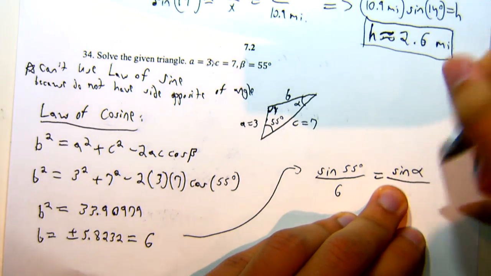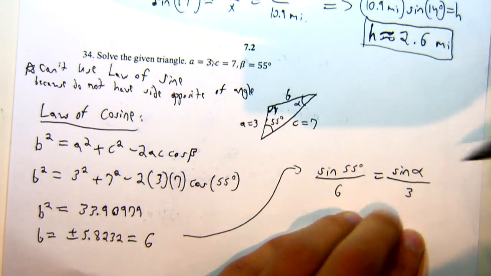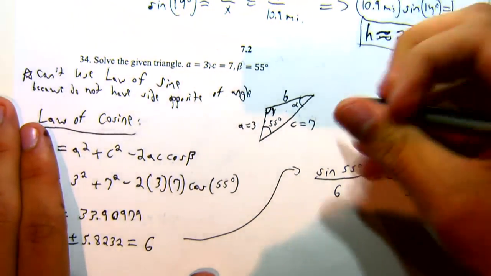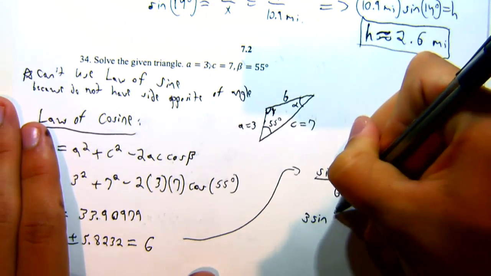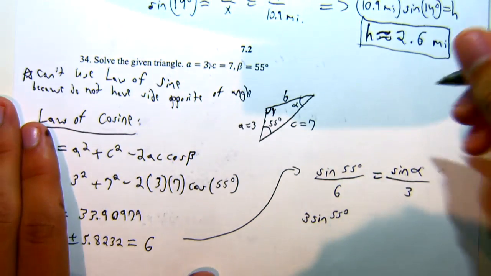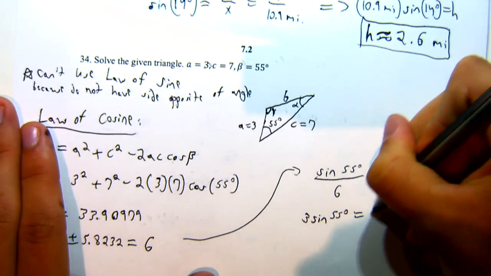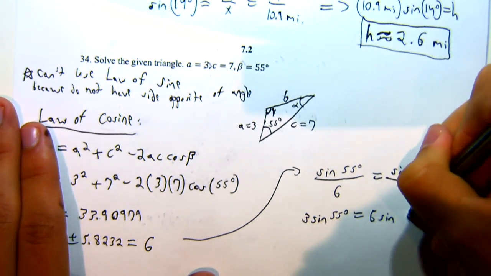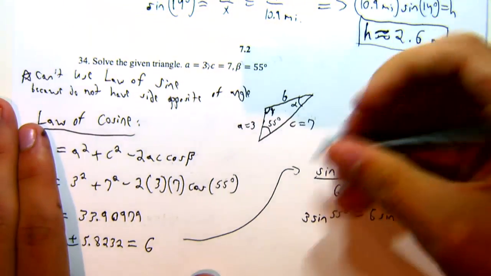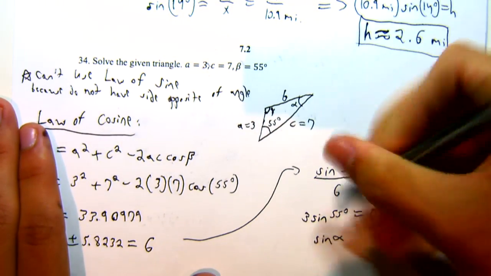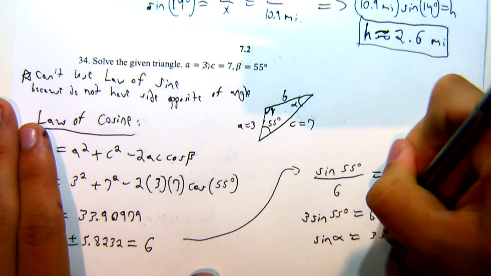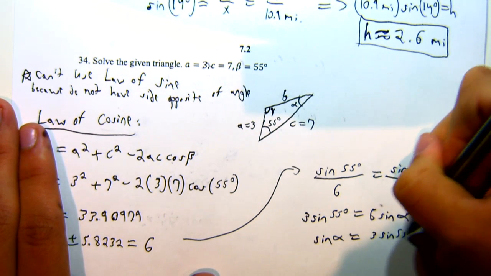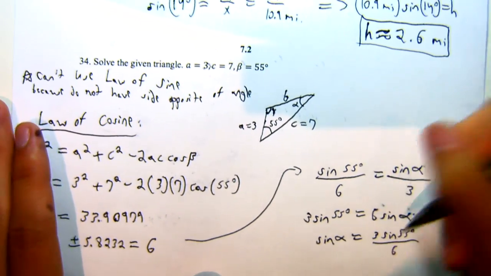So let's do this, sine of alpha over 3 equals sine of 55 degrees over 6. So sine of alpha is equal to 3 sine of 55 degrees over 6.